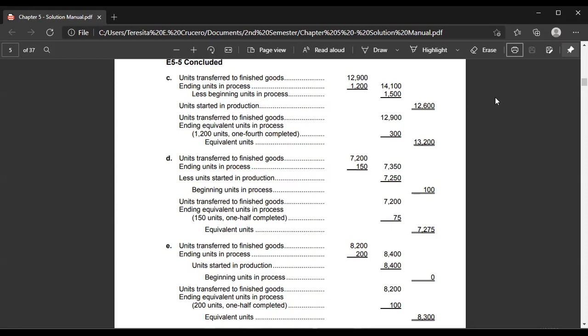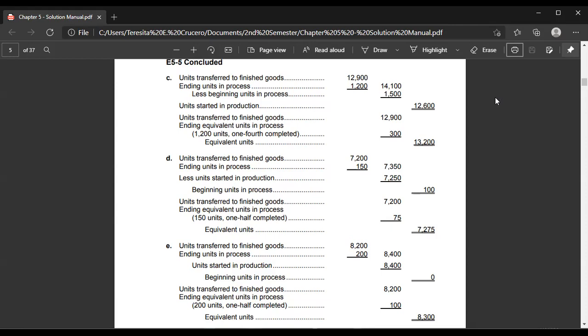So, these total units to be accounted for cannot be determined now because you have a missing figure. So, you go to the next process, you add the units completed, you add to the ending inventory. That's now your units accounted for.